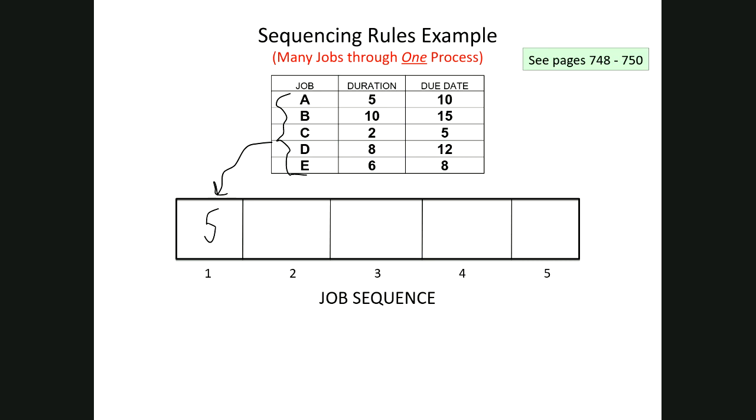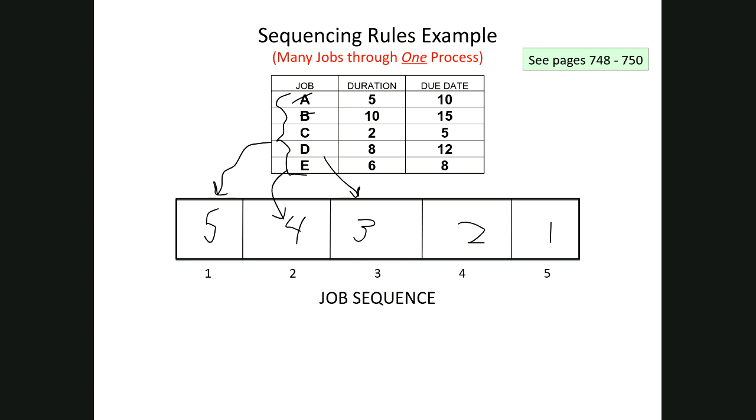Then we're going to take A off of that, and after you assign 1, there's 4 possible choices for this box. And then after we take B off, hopefully you can see the pattern, there's 3 jobs that could go into this box, and then 2 jobs, and in the last position there's only 1 left.